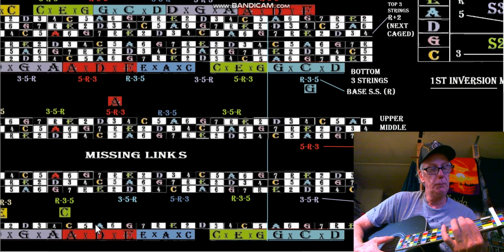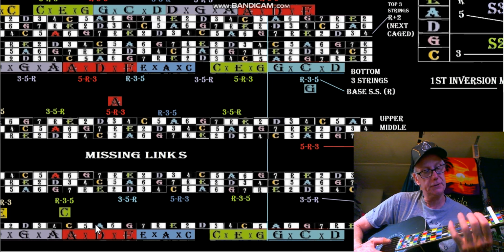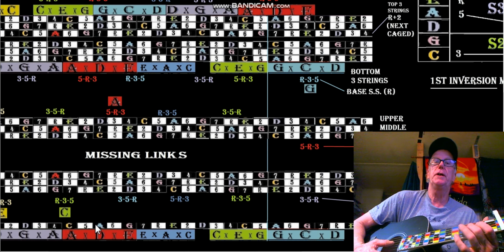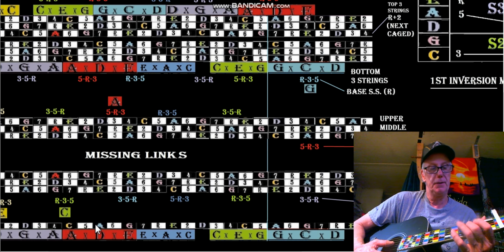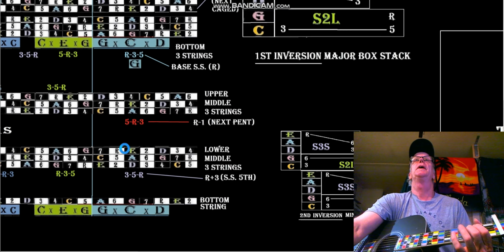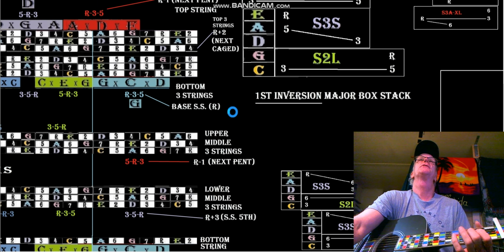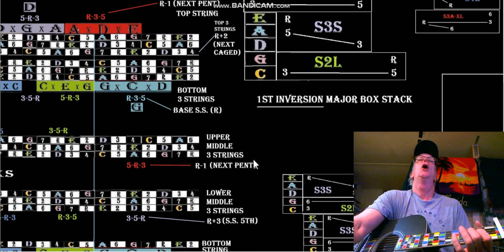Then we go to root minus 1 because we're in a Mixolydian build here. So then we go to this guy. Then we go to the next pentatonic. This is what I'm saying. So it goes up. We went to root minus 1 to the 4th. Then we go to the next pentatonic. Oh, minus 1 is the next pentatonic.